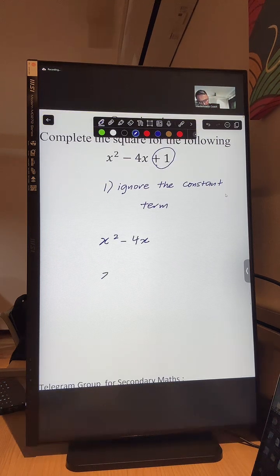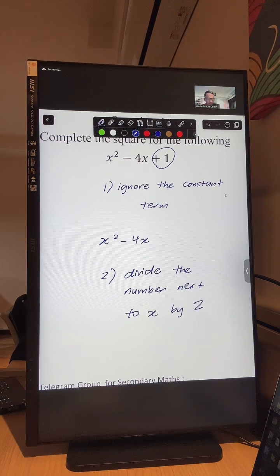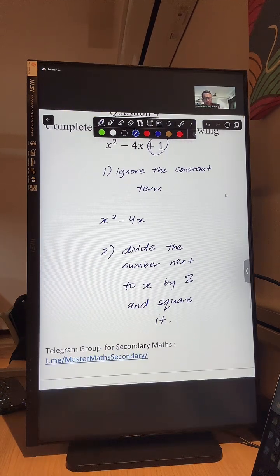You have to divide the number next to x by 2 and square it. So first step, ignore the constant term. Second step, divide the number next to x by 2, and then square it.